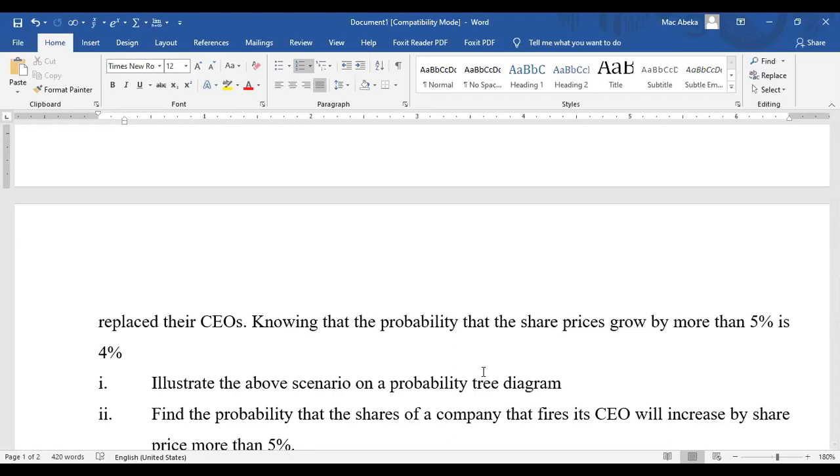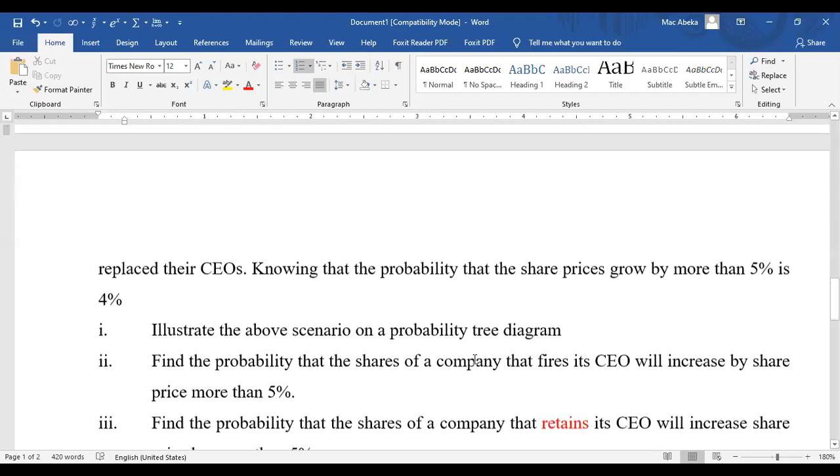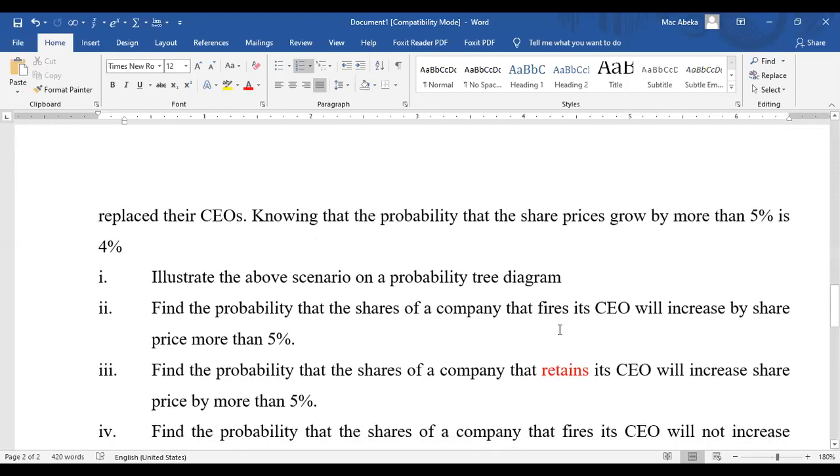Then the question says that the probability that the share price grows by more than 5% is 4%. Illustrate the above scenario on a probability tree.